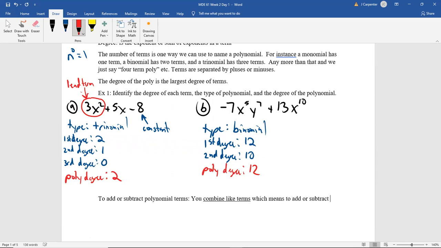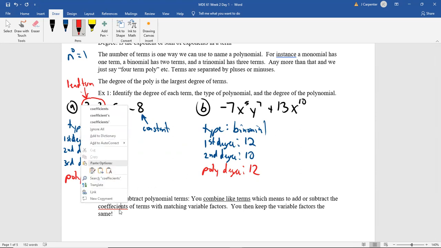Add or subtract, whichever it says to do, the coefficients of the like terms, but do not change the variables.